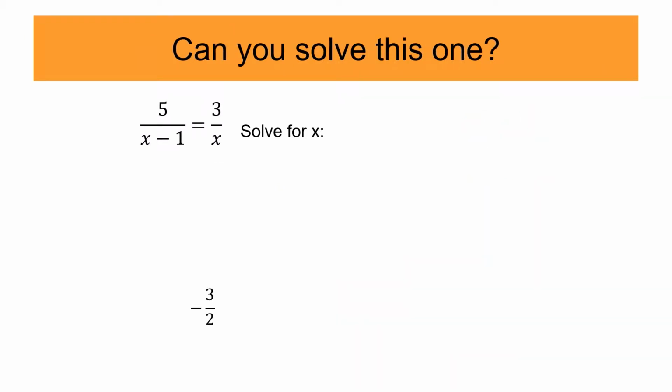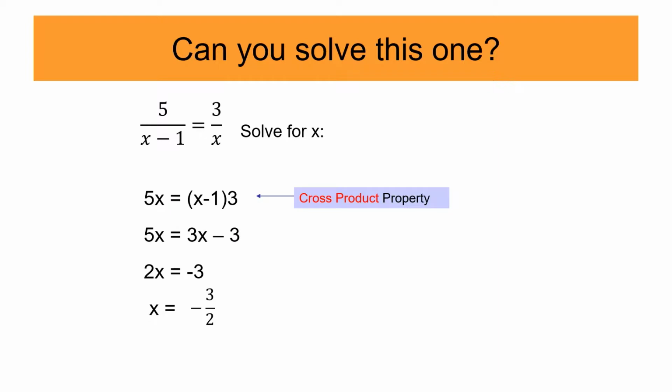Now we solve one more example. Suppose 5 divided by x minus 1 is equal to 3 by x. Then we have to find the value of x. So simply we use the reciprocal property again. So we can write x minus 1 divided by 5 is equal to x by 3, which implies that 3 into x minus 1 is equal to 5 into x.